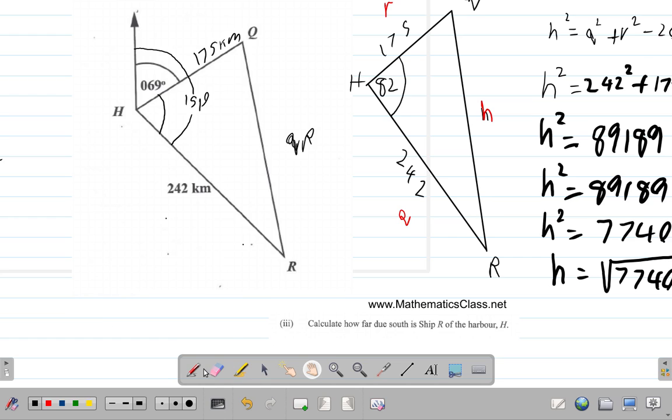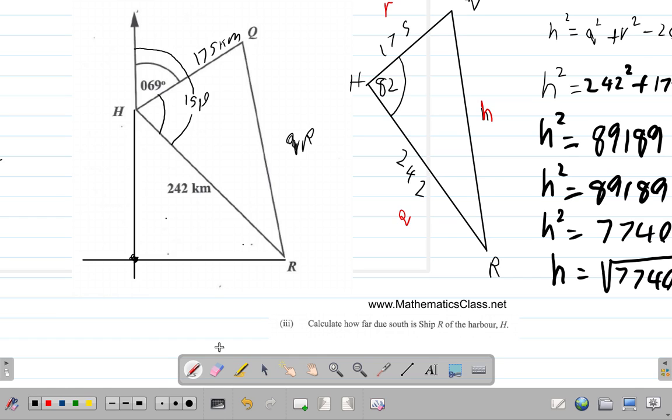How far due south? That means if you measure on a straight line coming down, how far that straight line would stretch. If you come across so, and then down, how far due south would that be at the intersection? It would be a 90-degree angle right there.